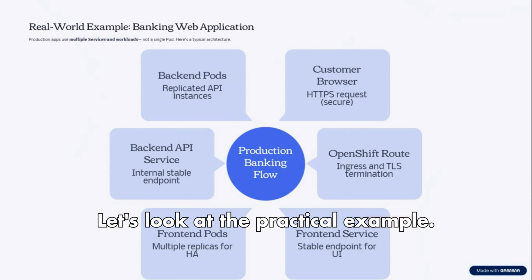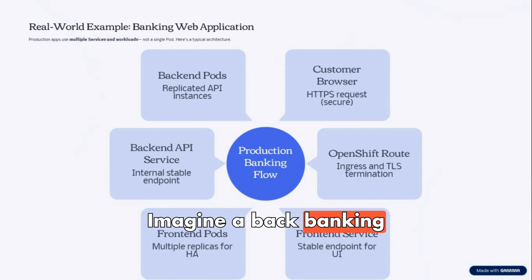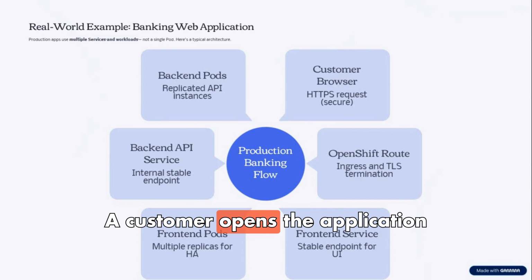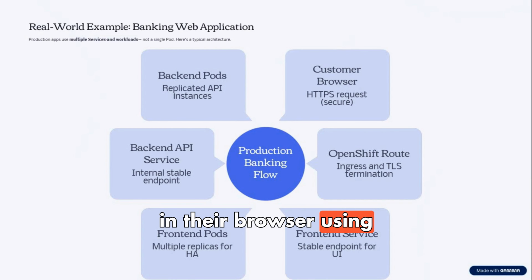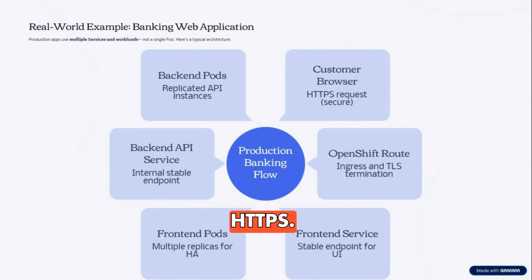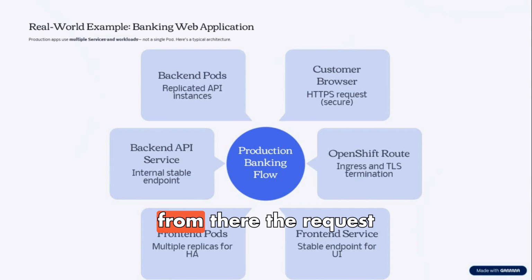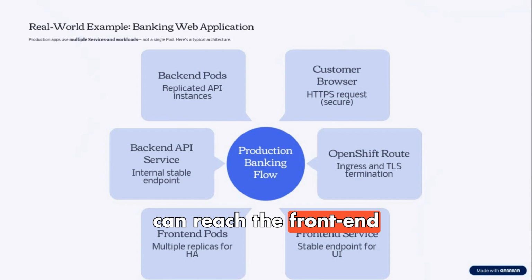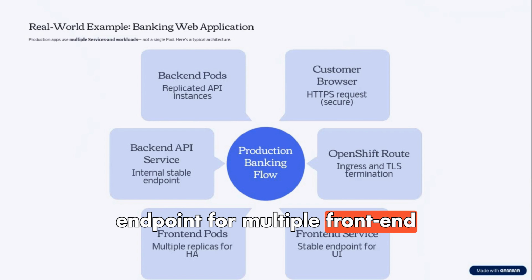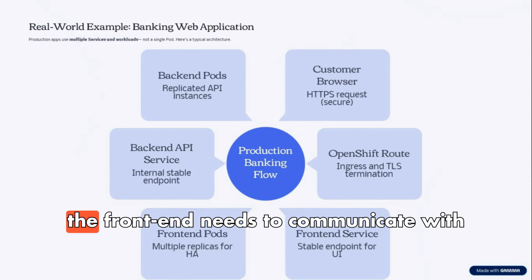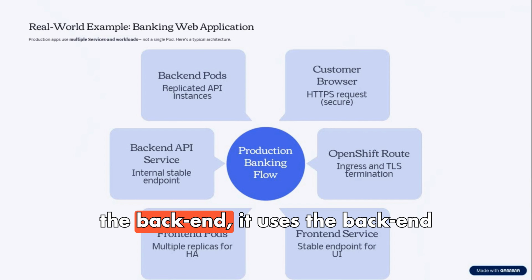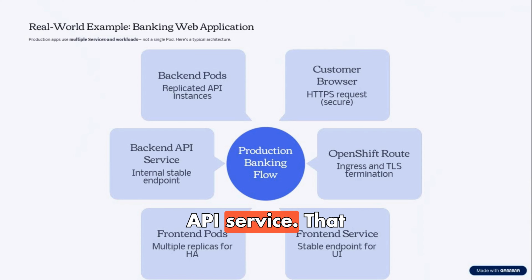Let's look at a practical example. Imagine a banking web application running on OpenShift. A customer opens the application in their browser using HTTPS. The request first reaches the OpenShift route. The route provides the external entry point for the application. From there, the request can reach the front-end service. The front-end service provides a stable endpoint for multiple front-end pods. When the front end needs to communicate with the back end, it uses the back-end API service.